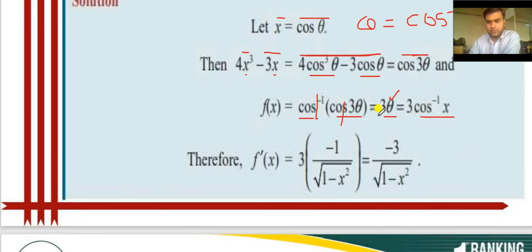Now we do the differentiation of this f(x), that is f dash x. We write this 3 here, and differentiation of cos inverse x is minus 1 upon under root 1 minus x square. This 3 is multiplied with this minus 1, and this becomes minus 3 upon under root 1 minus x square. This is the final answer of this question.